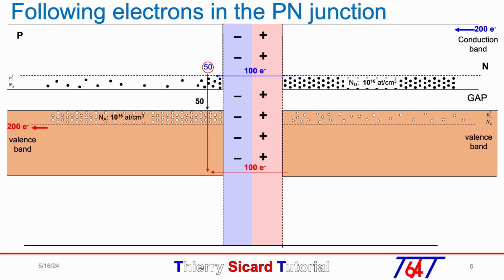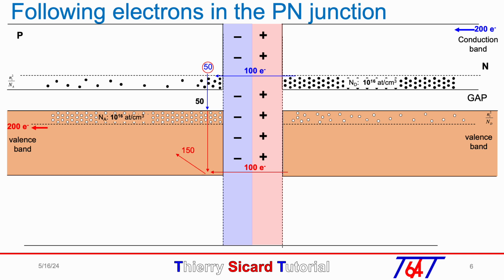The 50 electrons coming from the conduction band will be added to the 100 electrons crossing the space charge in the valence band to get 150 electrons moving in the available low energy positions in the valence band, called holes.